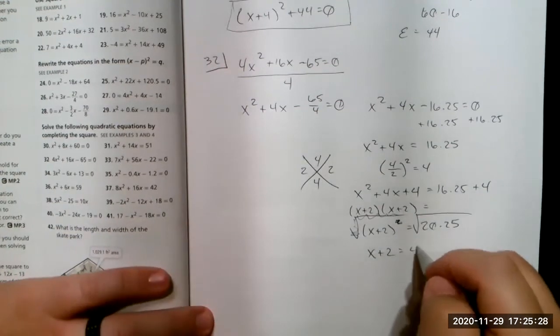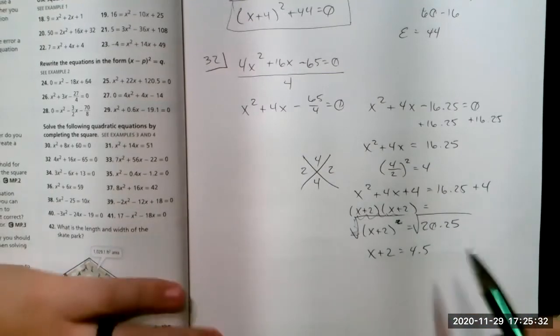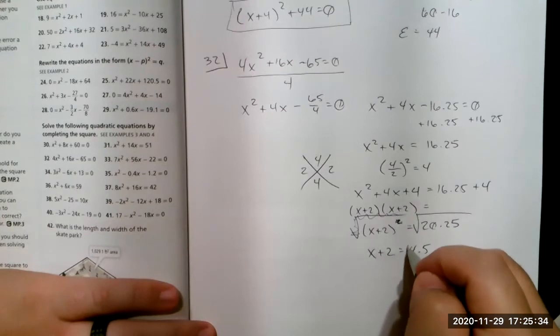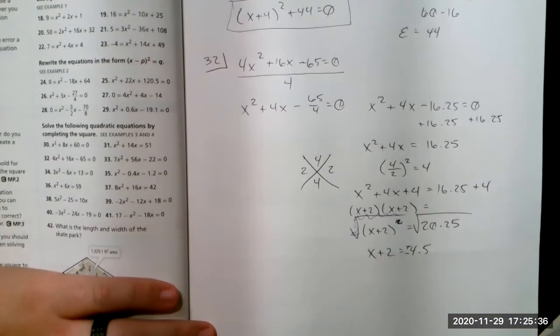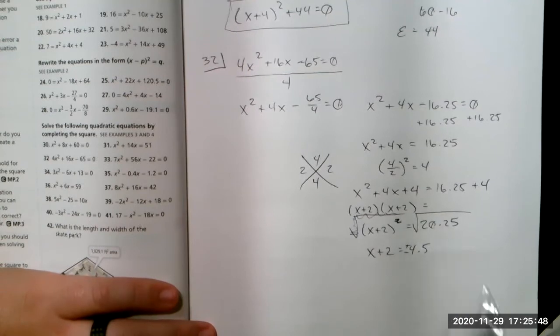So I'm going to go ahead and write 4.5 on the right. But again, don't forget, whenever you square root a number, you're always going to talk about the positive and negative versions of that number. And like we've said, 4.5 times 4.5 is 20.25, and negative 4.5 times negative 4.5 is also 20.25. That's why you have to include both positive and negative.